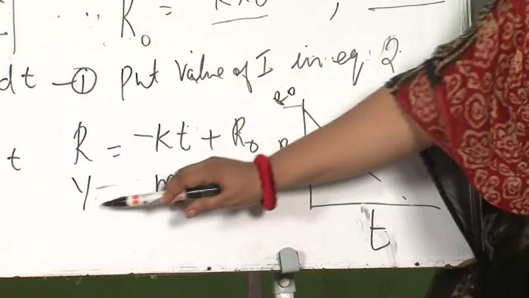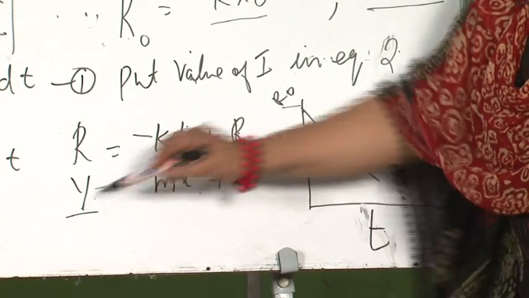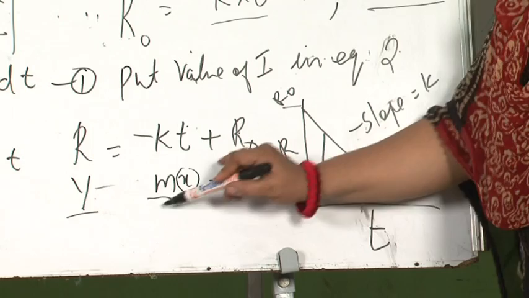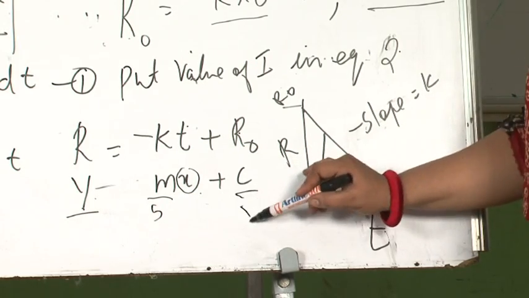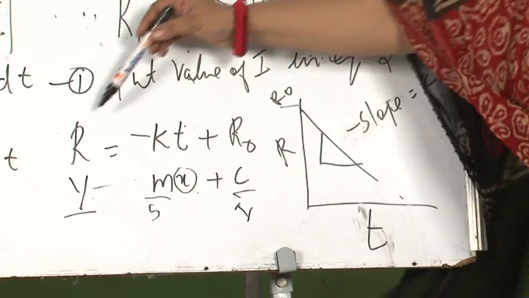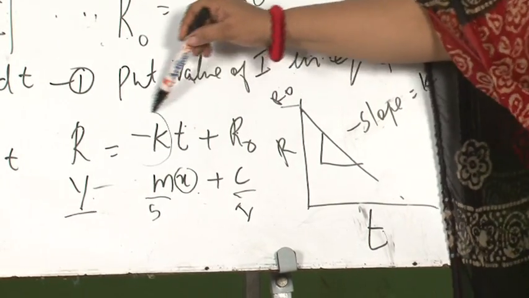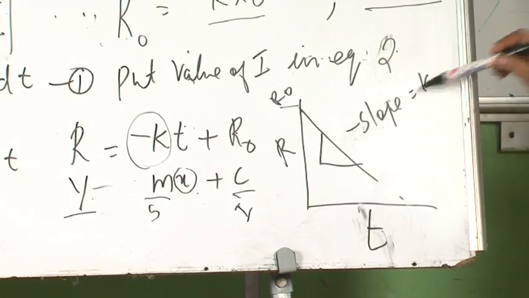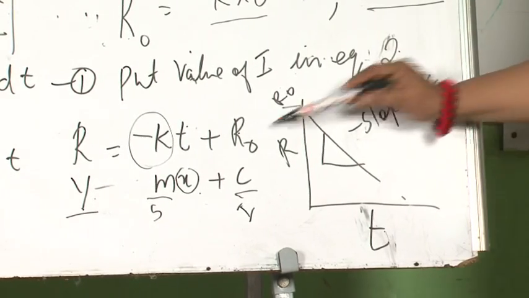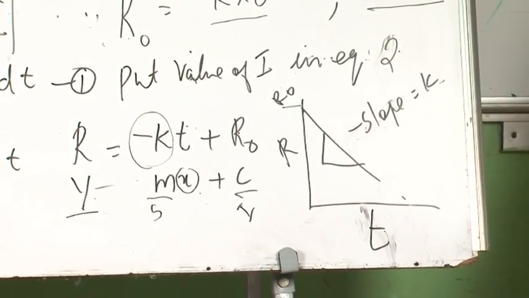In the equation y versus x, this is the slope and this is the intercept. In that case, for R versus t, minus K is the slope, or minus slope will be K, both are the same, and R0 will be the intercept.